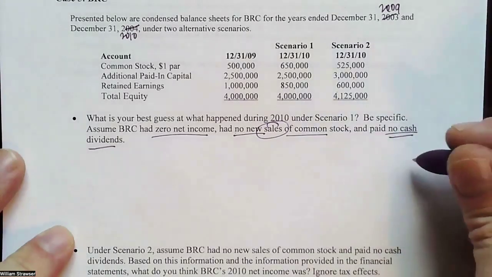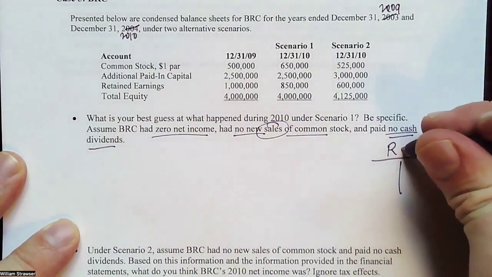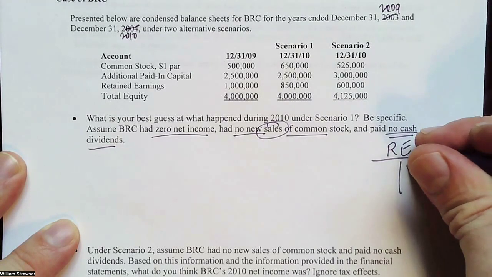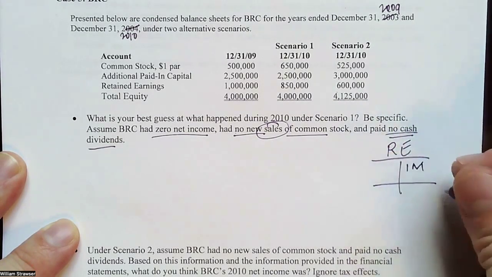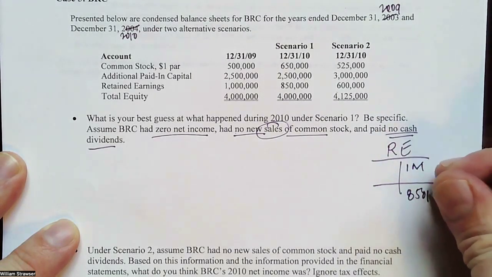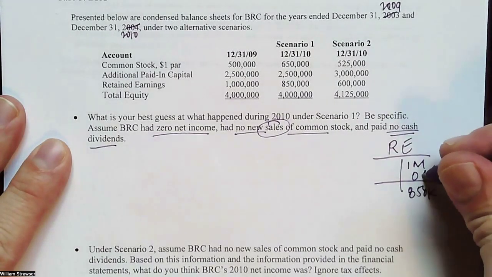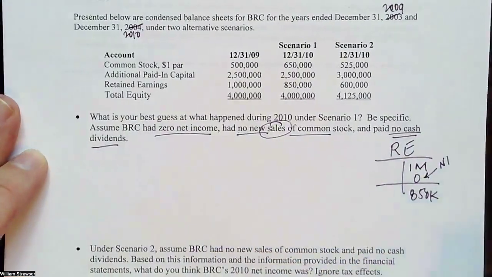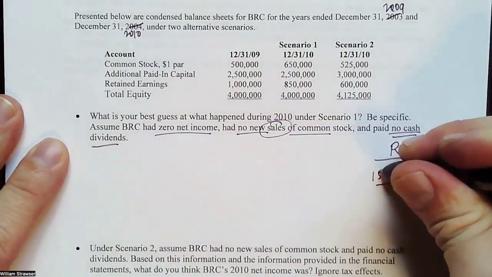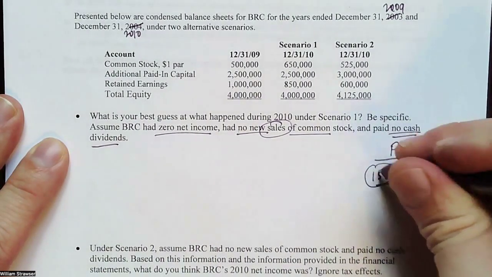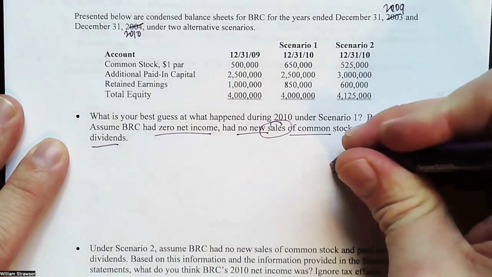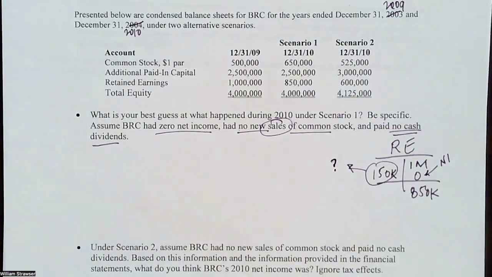We're obviously looking for a retained earnings transaction that would have forced my retained earnings amount to go from 1 million down to $850,000, right? So we're looking for something on this side. We know we have no net income and no cash dividends. So the 150 must have come from a source other than a cash dividend or a net loss. And we need more, right? Because we know that retained earnings dropped, but we need something to provide that drop.